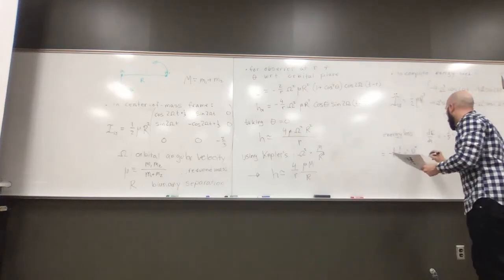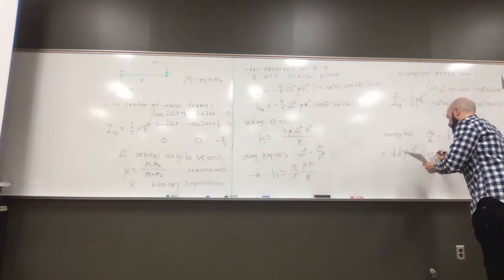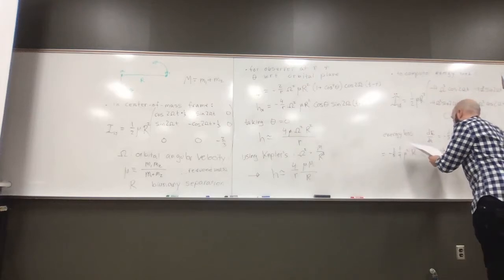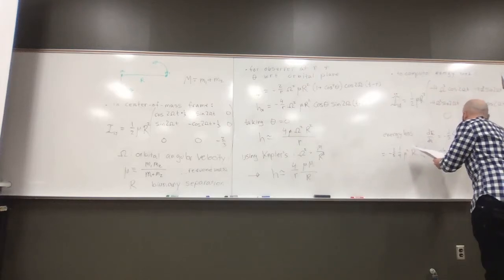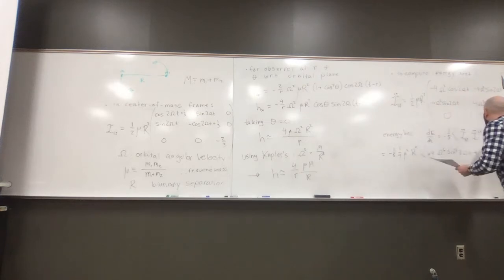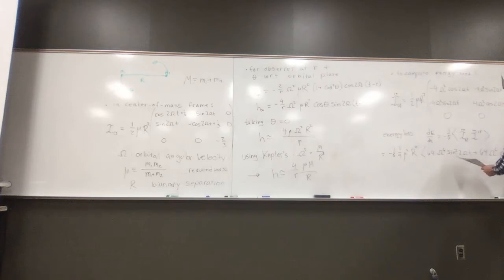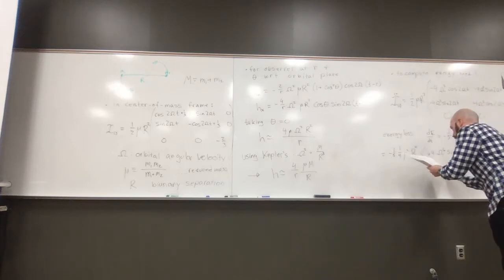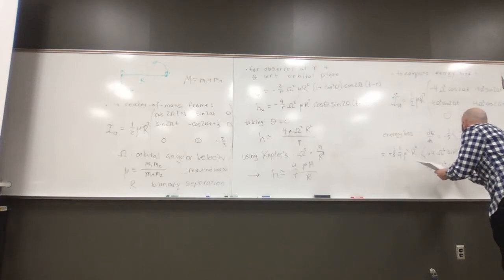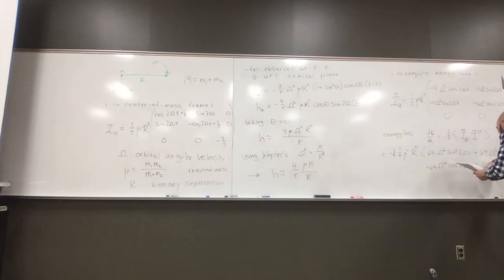And then some suitable time average of the following: 64 times omega to the 6th sine squared 2 omega t plus 64 omega to the 6th cosine squared 2 omega t plus 64 omega to the 6th cosine squared 2 omega t plus 64 omega to the 6th sine squared 2 omega t, time average, right?